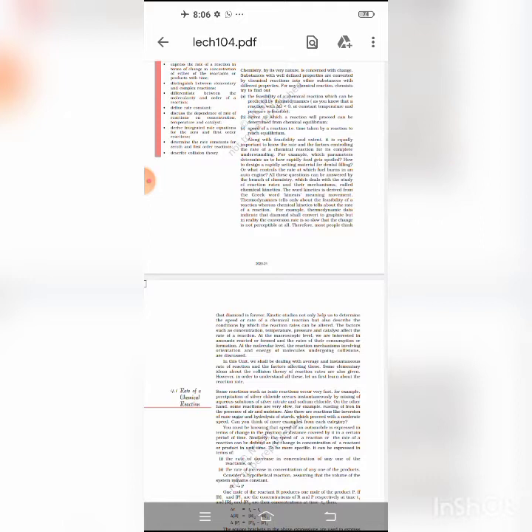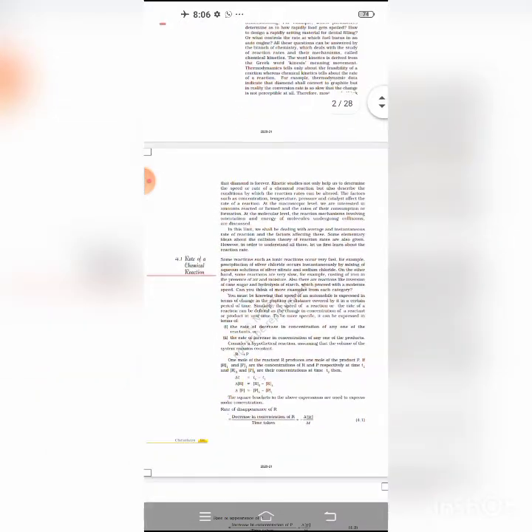Okay. Now, rate law. It is an experimentally determined expression which relates the rate of reaction with concentration of reactants. Okay, and rate constant may be defined as the rate of reaction when the concentration of each reactant in the reaction is unity.